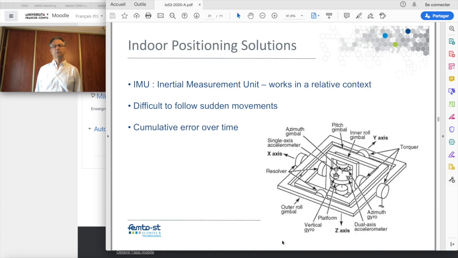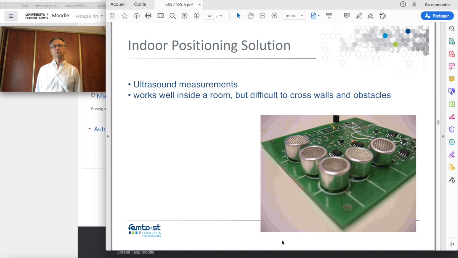So you can say that you are going to move from one point to another one, but the error will be cumulative because you don't have any absolute coordinates. It's only a relative position, which depends on the last calculated point.